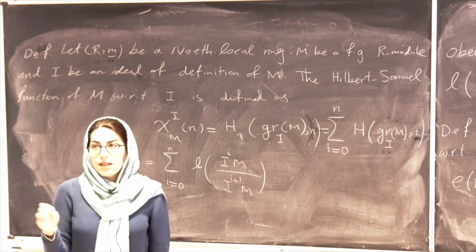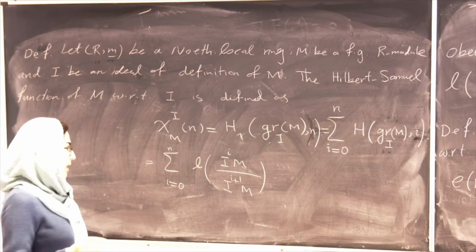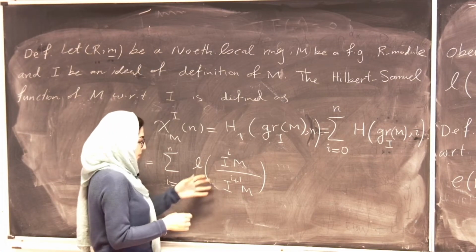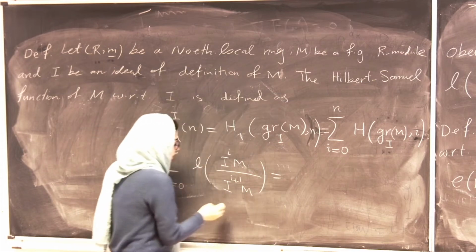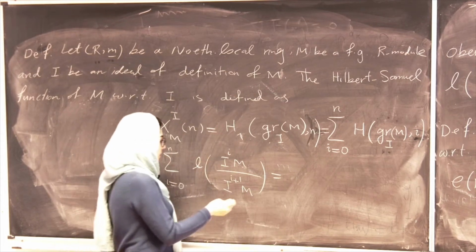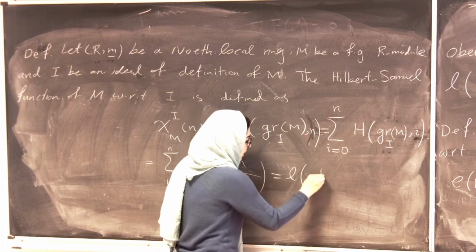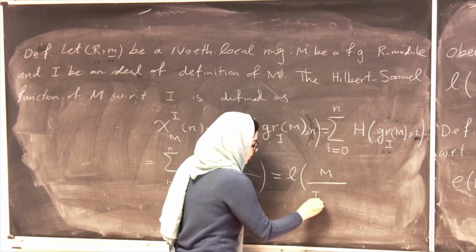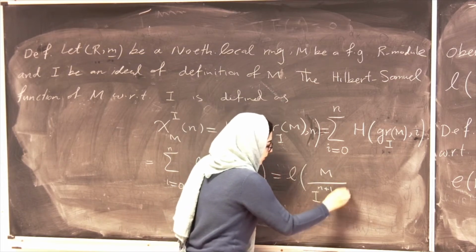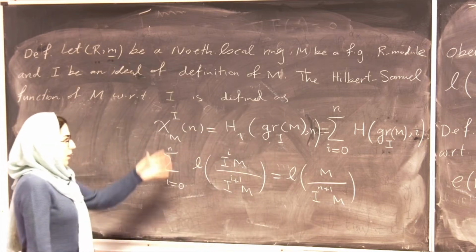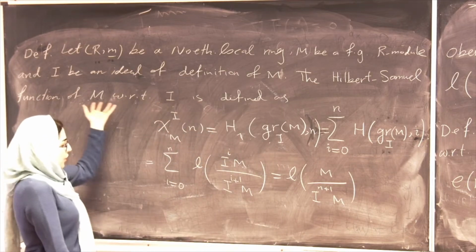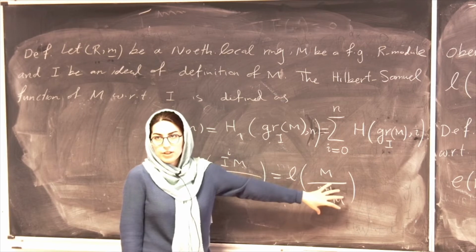And because length is additive on short exact sequences, it is very easy, by writing some obvious short exact sequences, to see that this is just the length of M mod I^(n+1)M. So the Hilbert-Samuel function is just this length by definition.